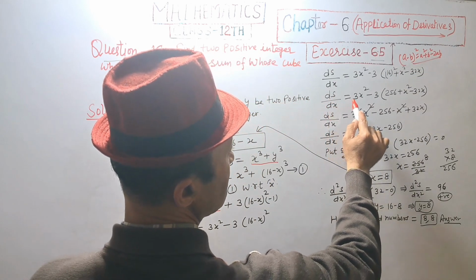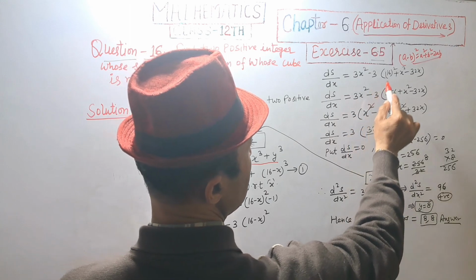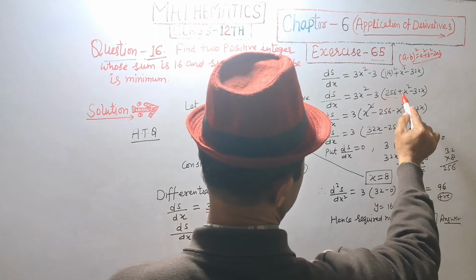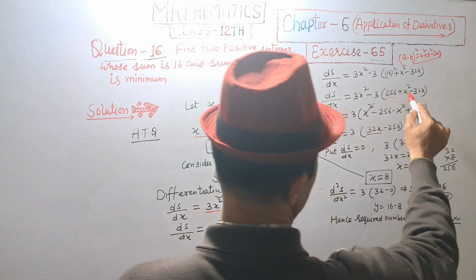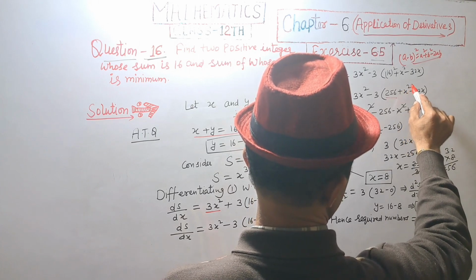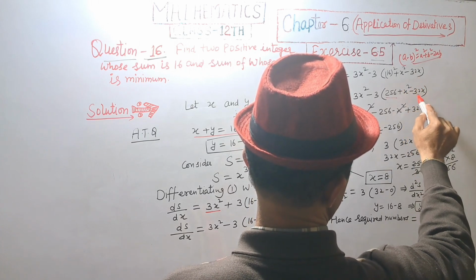So dS upon dx is equal to 3x square minus 3 into 256 plus x raised to power 2 minus 32x.